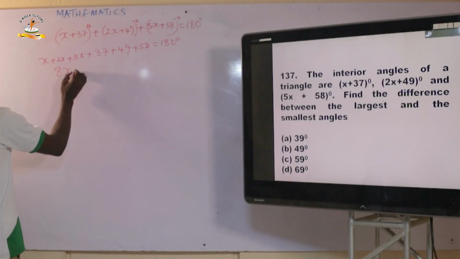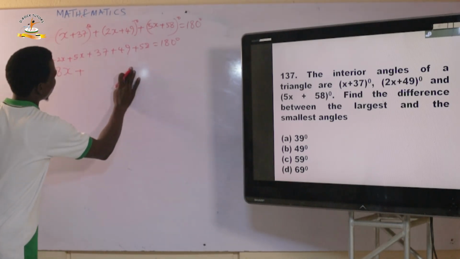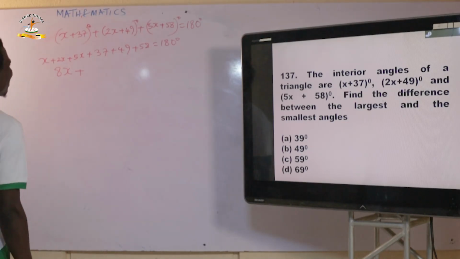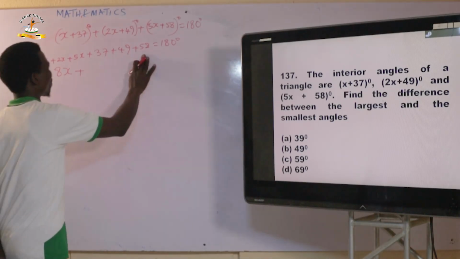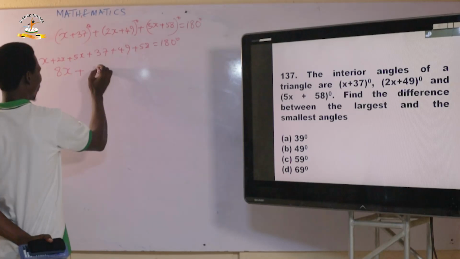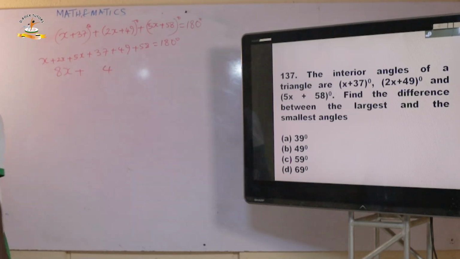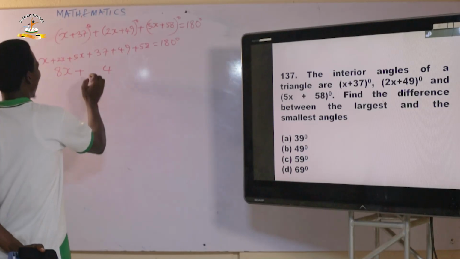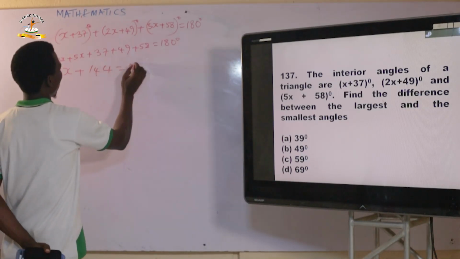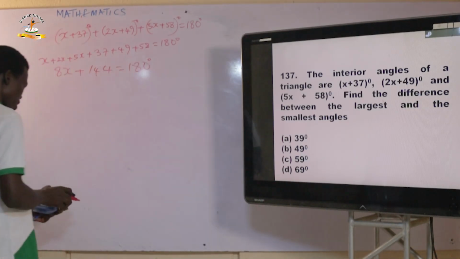Let's add this up. This is simply 8x plus 37 plus 49, which is 86. 86 plus 58 is 144, equals 180 degrees.